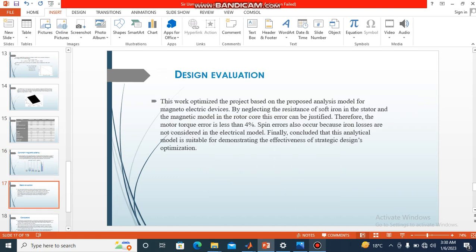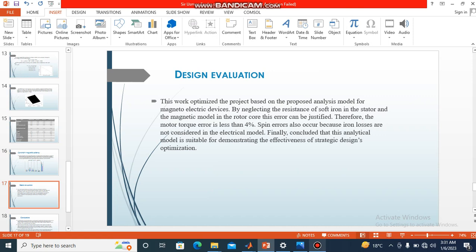Next, we explain design evaluation. This work optimized the design based on the proposed analysis model for the magneto-electric device. By neglecting the resistance of soft iron in the stator and the magnetic model in the rotor core, this error can be justified. In this slide, we tell you how we can justify our error. Therefore, the motor torque error is less than 4%.